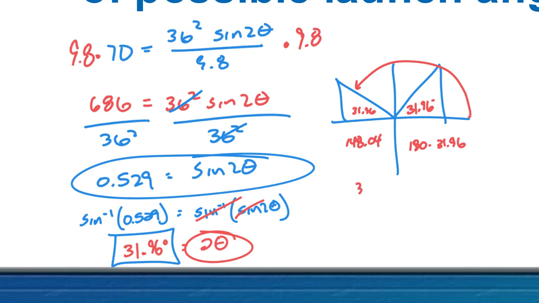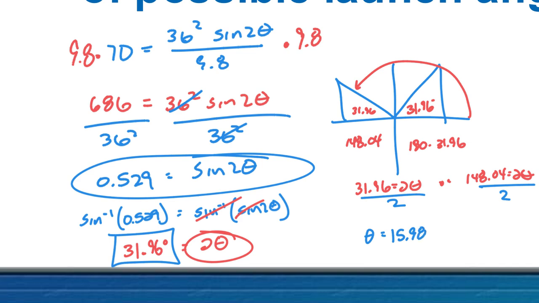Okay, so now we'll realize that this is the value of 2 theta. So we get 31.96 equals 2 theta, or 148.04 equals 2 theta. And to solve this, we're going to divide each side by 2. And here we end up with theta being equal to 15.98, and theta equal to 74.02 degrees.